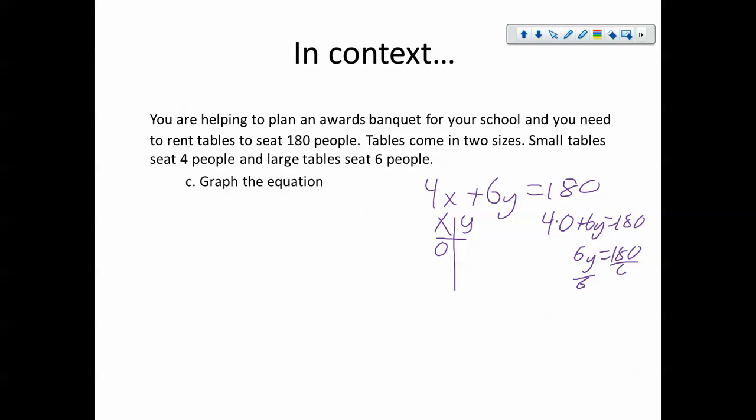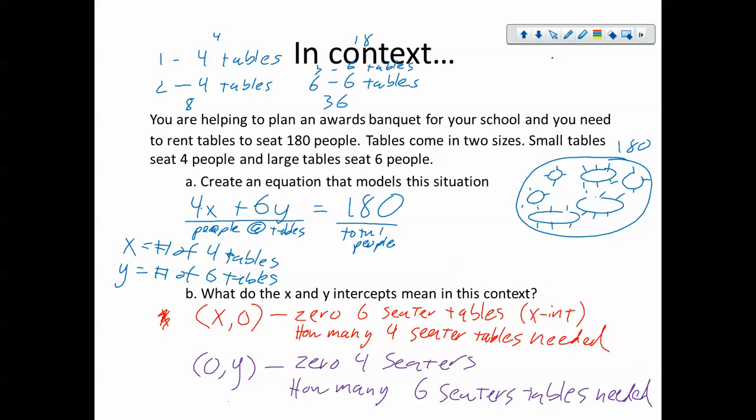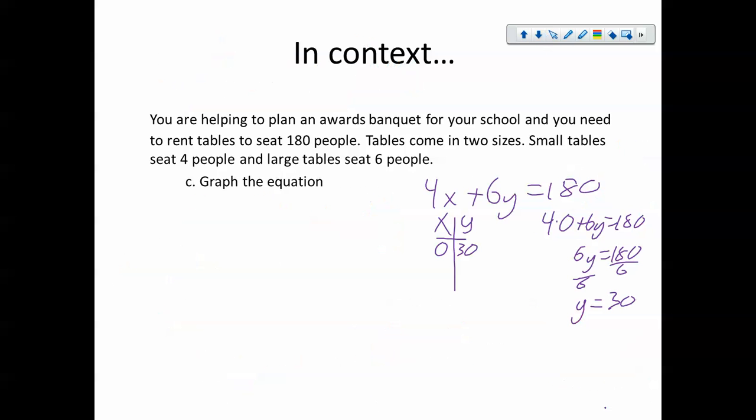Dividing both sides by 6 gives me y equals 30, because 30 times 6 is 180. That, by the way, is the number of 6-seater tables that I would need, right? Because if I had 0 4-seaters, I'm going to need 30 6-seaters to make 180 people.